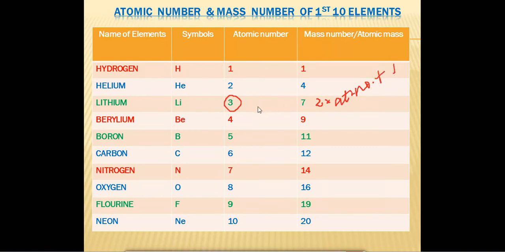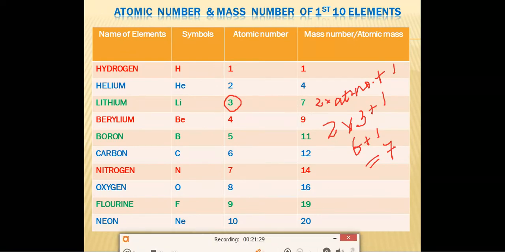This formula I have told you for calculating the atomic mass of an element having an odd atomic number. So 3 is the odd atomic number, so what will we do? 2 into 3 plus 1. 2 threes are 6, plus 1 is 7. So the atomic mass of lithium is 7. Atomic mass or mass number is the same thing, you can write either. So 7 is the atomic mass of lithium.